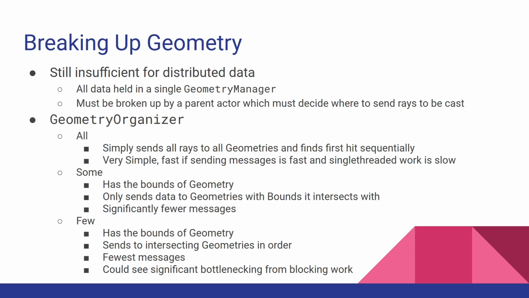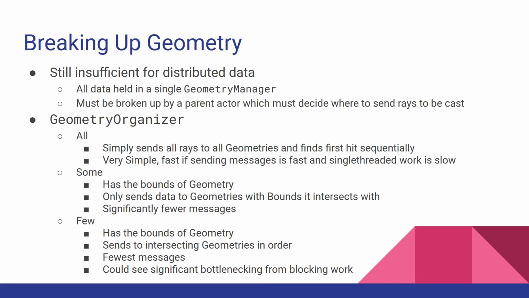If there are several hundred rays that go completely off to the sides, it won't send them to any geometry at all and will instead just assume it's a none. As a result, without significant upgrade to the amount of single-threaded work on the geometry organizer, you get rid of, in many cases, half or more messages because the geometry won't tend to overlap super significantly.